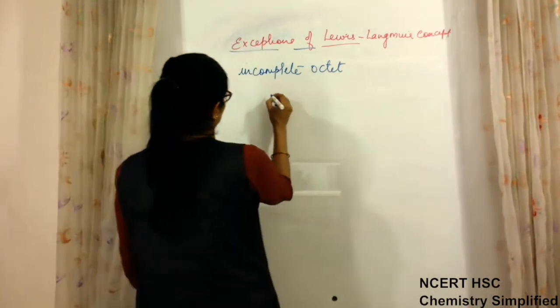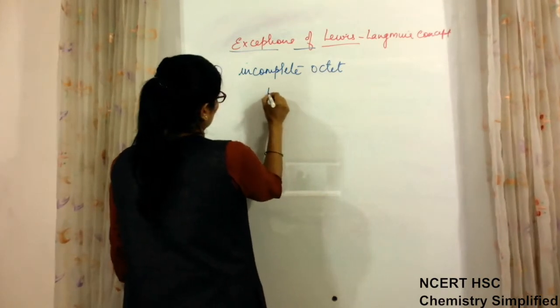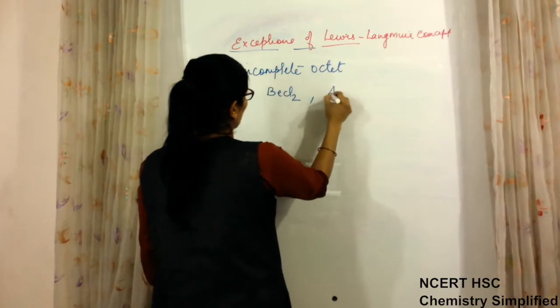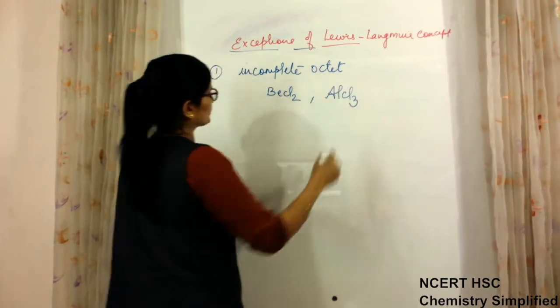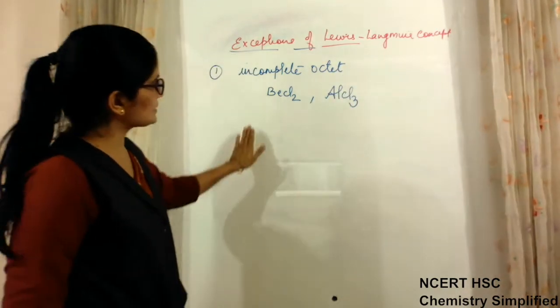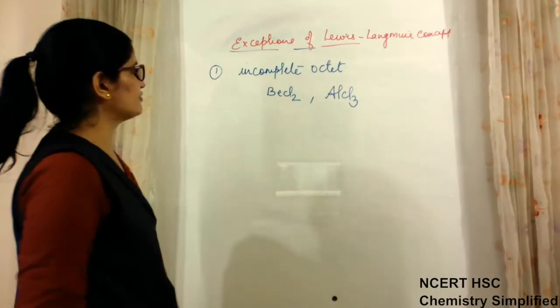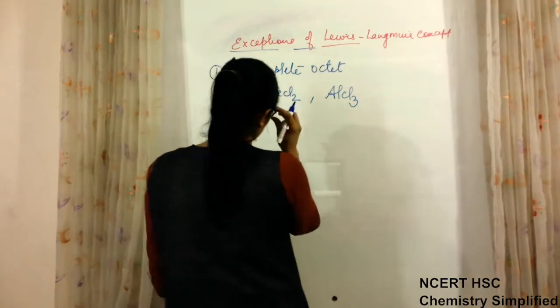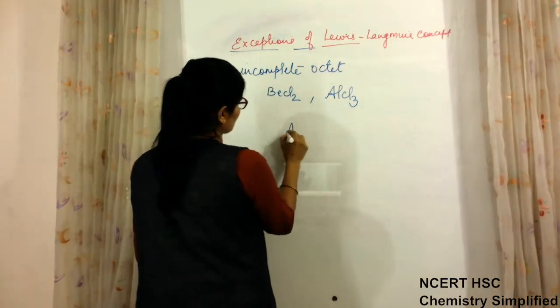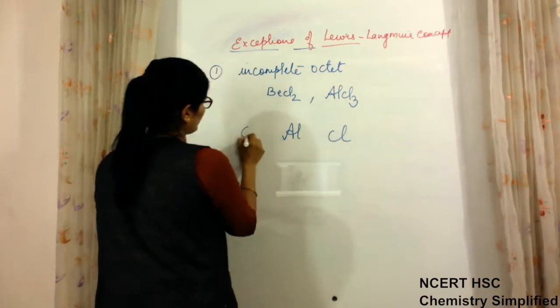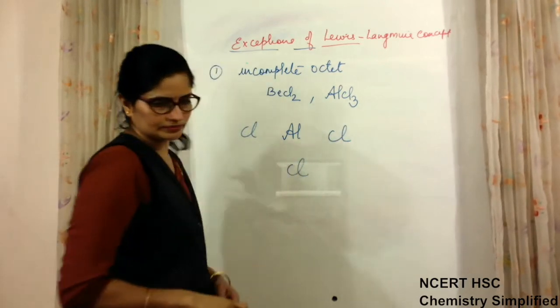For example, BeCl2, for example AlCl3. These molecules are stable ones, but their octet is not complete. If we see the structure of these molecules, we'll see they exist like this: aluminium as the central atom, chlorine atoms like this.